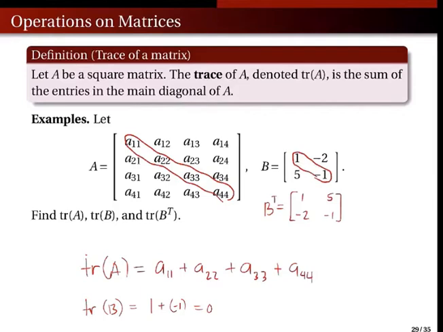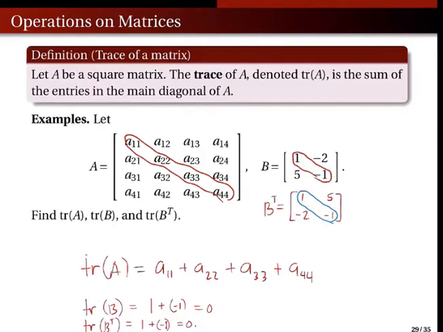And the main diagonal is this here. You will see that the trace of B transpose is 1 plus negative 1, and again this is equal to 0.